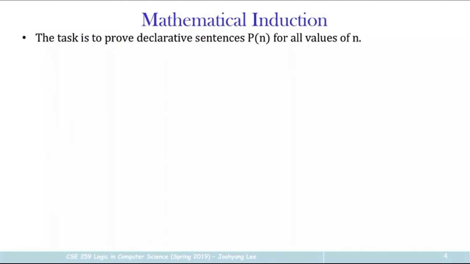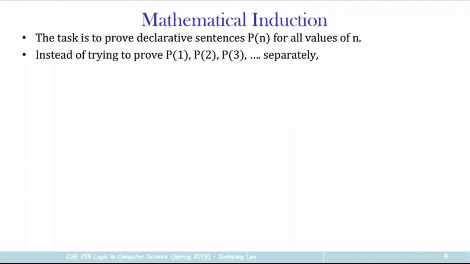Usually it ranges over natural numbers, but sometimes it doesn't start with 1; it may start with 0, or 3, or 4, or whatever. Whatever the case is, there's a starting point, and then you do the induction using these base cases. So your goal is to prove P of n for all possible values, let's say all natural numbers.